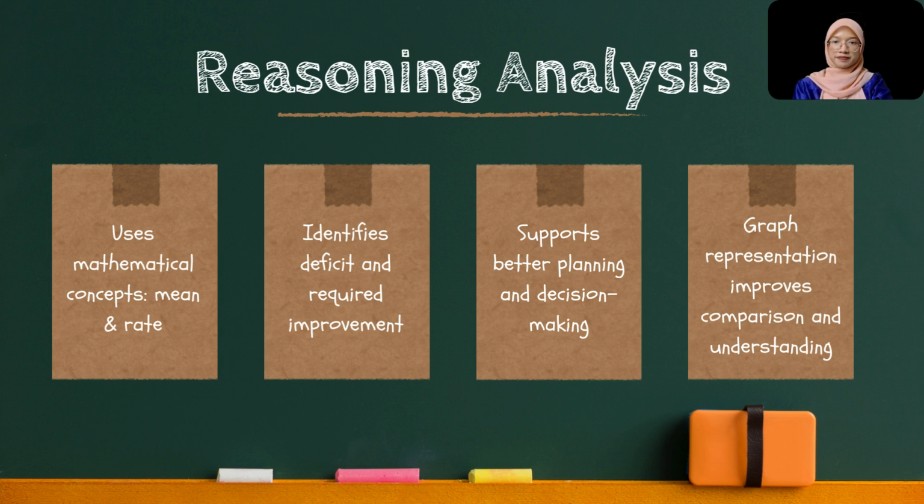And lastly, the graph helps us compare and understand the data more clearly. Let's take an example. By reasoning, Amir can see where he went wrong, what his shortfall is, and how to plan his next steps logically. So, this shows how mathematics helps people make better decisions in everyday life.